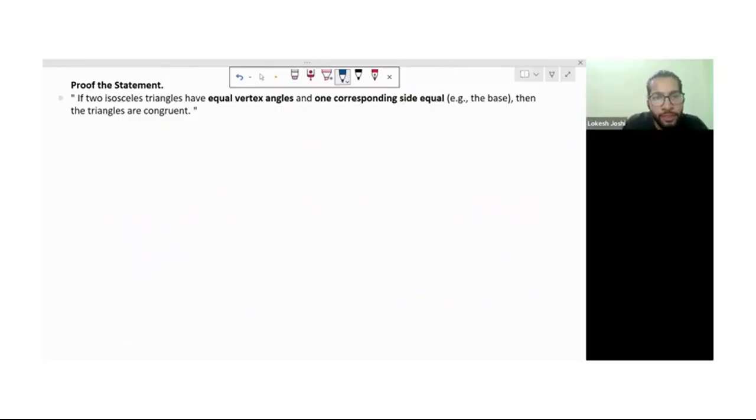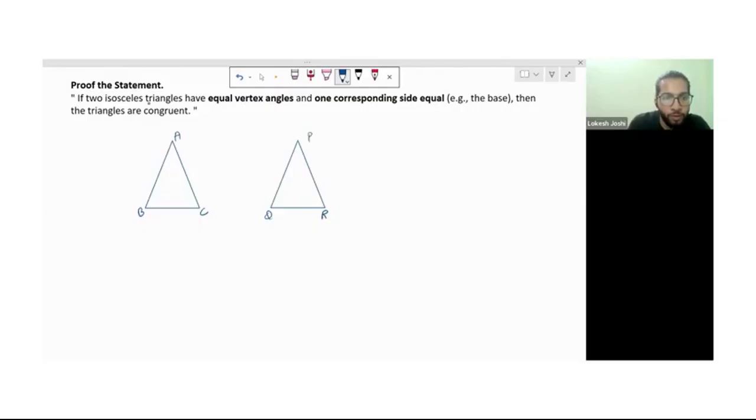If two isosceles triangles have equal vertex angles and one corresponding equal base, then the triangles are congruent.